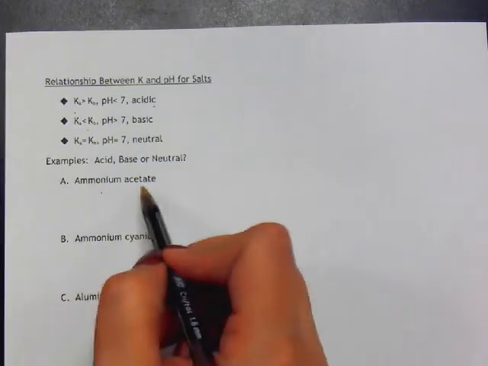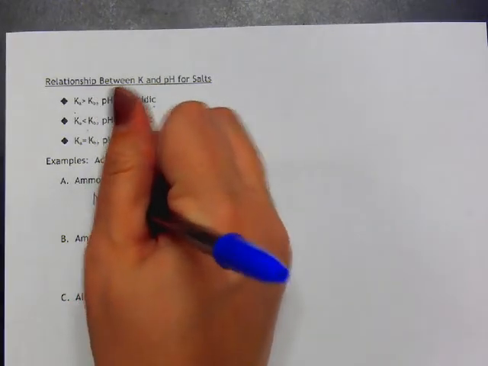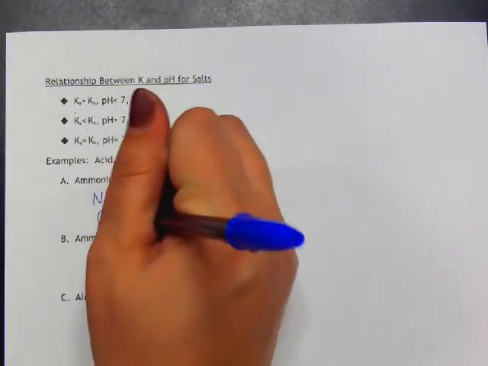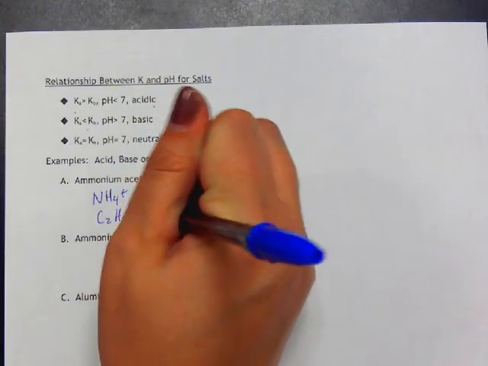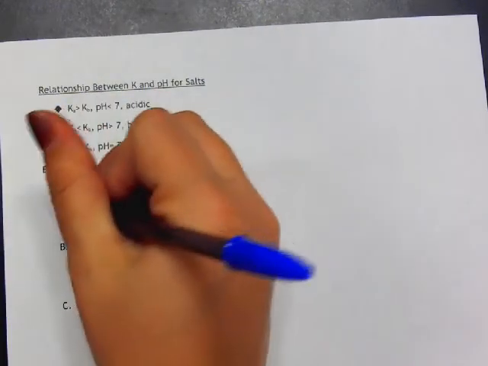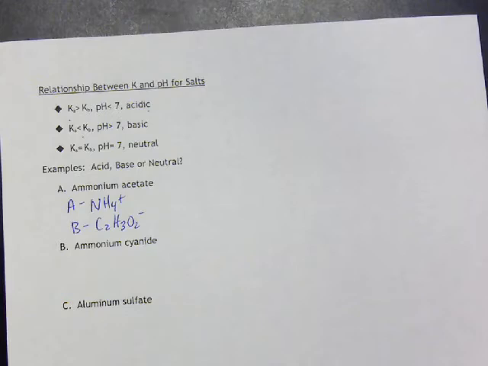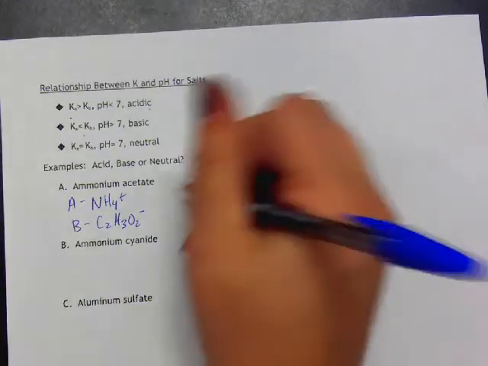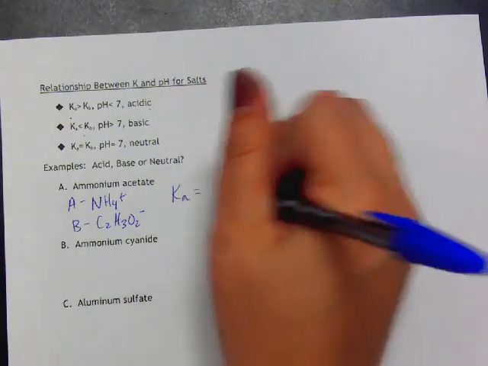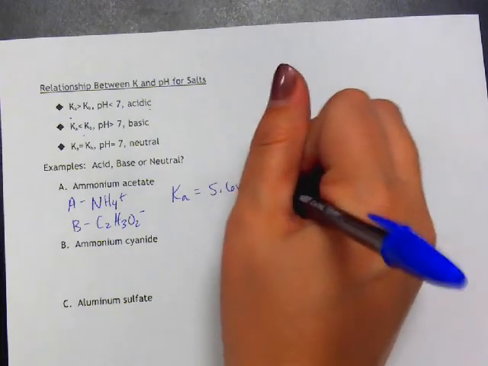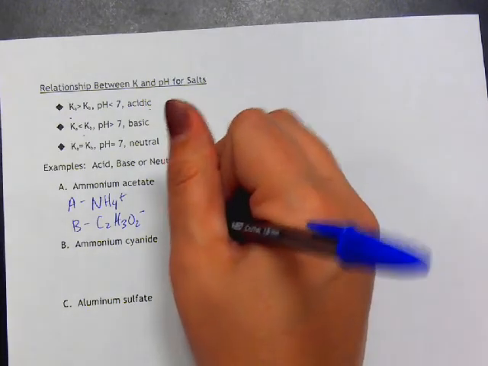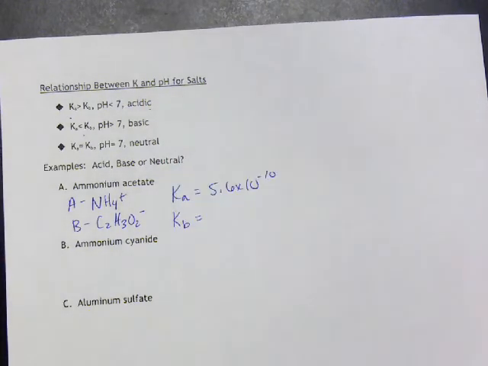So here we have ammonium and acetate. So we have our ammonium ion and our acetate ion. Right? So the ammonium would be our acid, and our base would be the acetate ion, since it doesn't have hydrogen to give. So we would look at the Ka for the ammonium ion, which is 5.6 times 10 to the minus 10. And we have to find the Kb for the acetate ion.